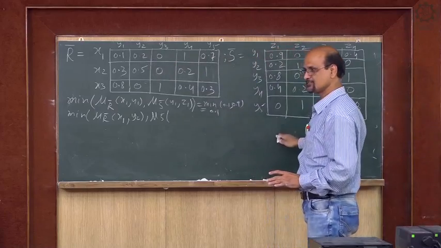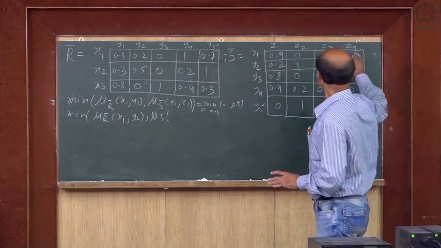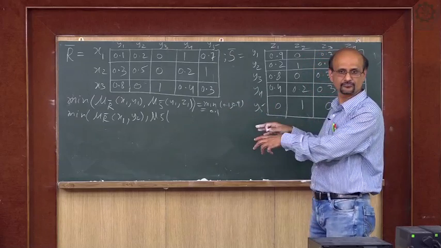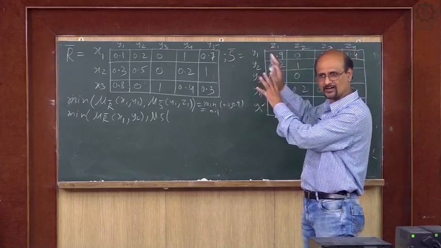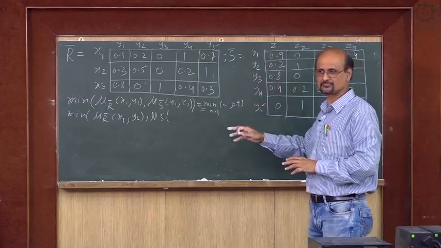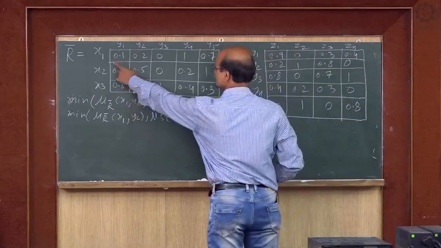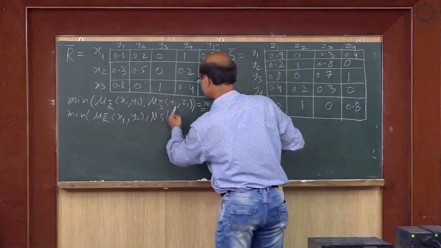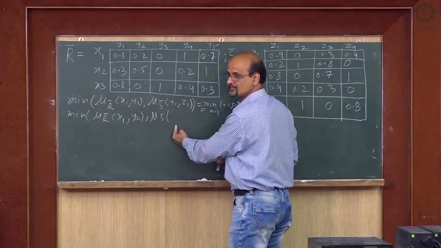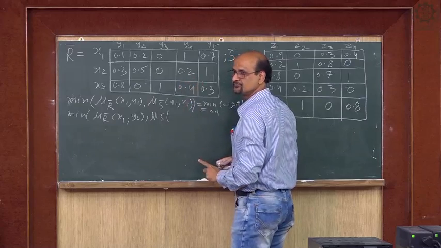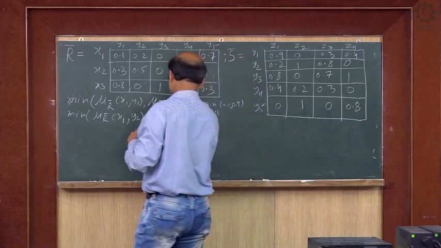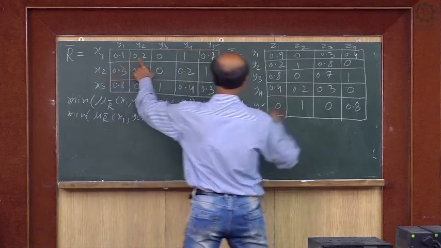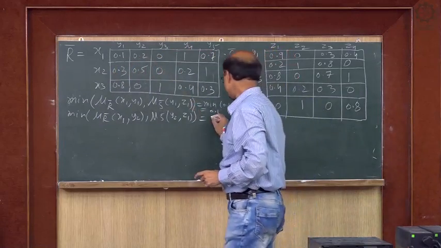This into this, this into this. So that way you get the product of two matrices. So you just think about that, but take minimum. So x1 y2 it should be y2 z1, because this thing should repeat, y2 was not repeating there. Understanding? So it should be y2 z1, and then it is 0.2 and 0.2, so it is 0.2.